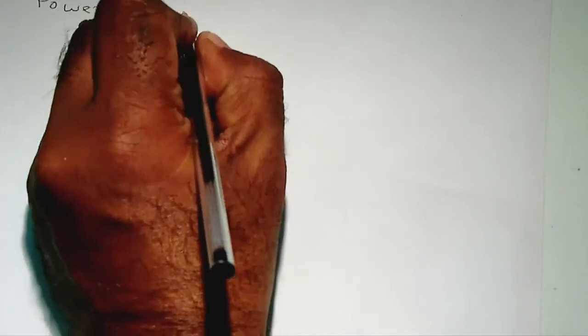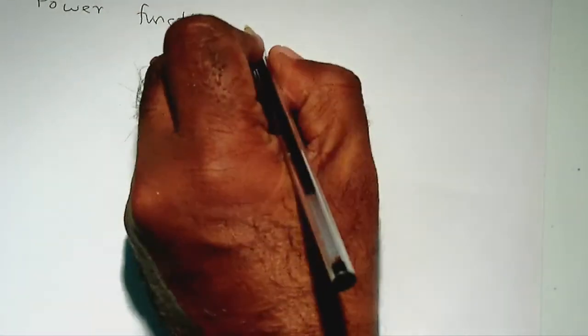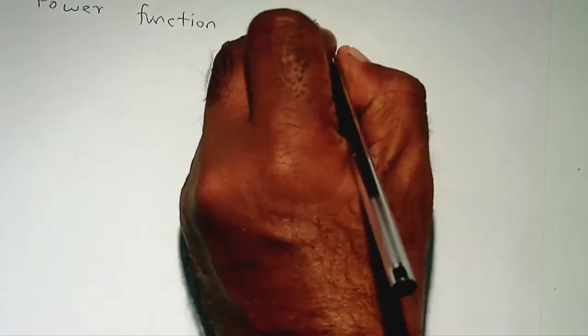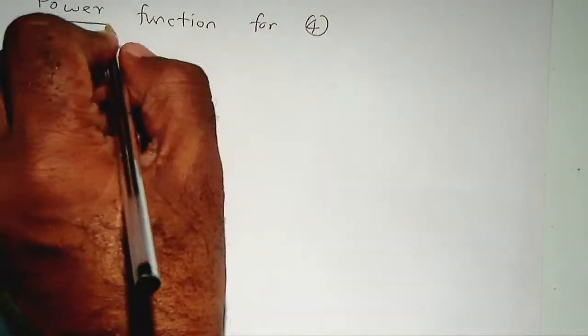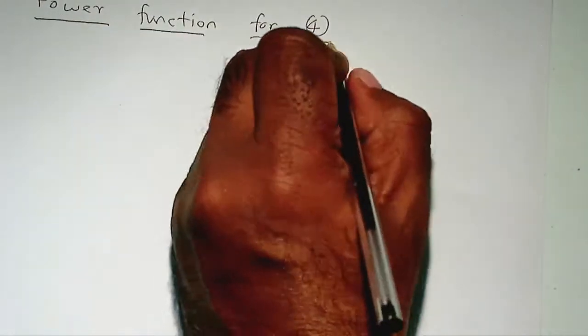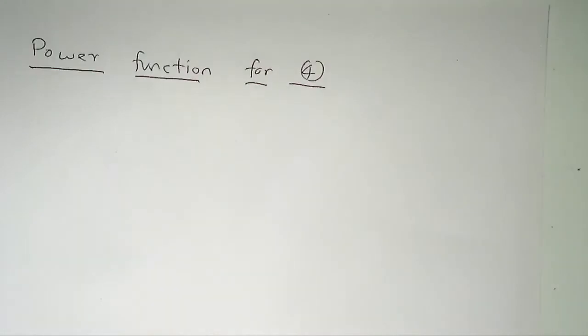Now, what I'm going to do now is, I don't have the time to go through all 6 cases, but I will just derive the power function for number 4.